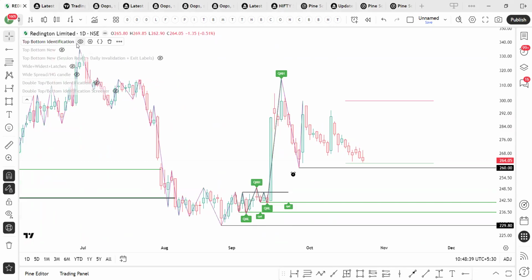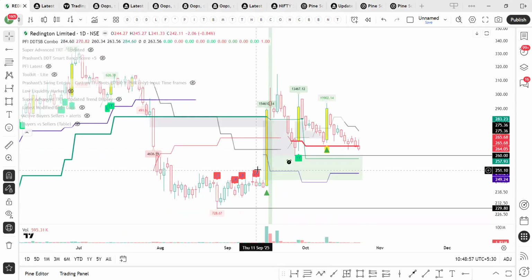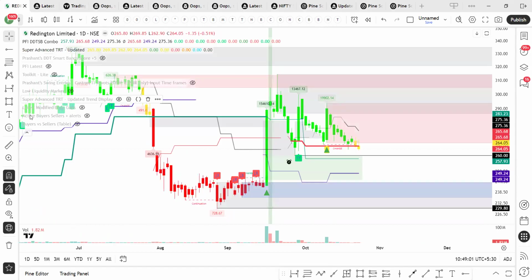If I look with Quasimodo, there was a Quasimodo here. Once it went up, there was a Quasimodo, price came down, again went up. So there can be different reasons, but the single candle has a background here which was able to change the trend.